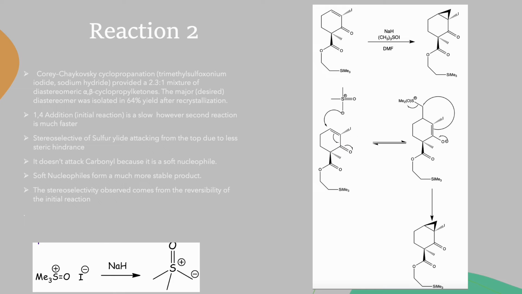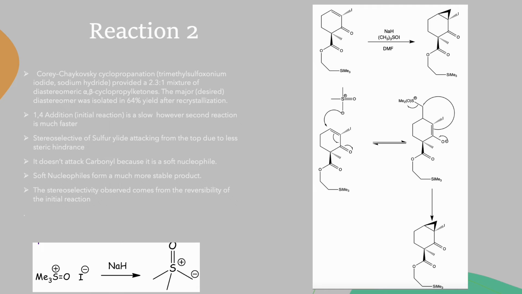Right, so the first stage of the mechanism is this negatively charged carbon attacking this carbon here, and straight away we can see that it will form a 1,4 reaction.